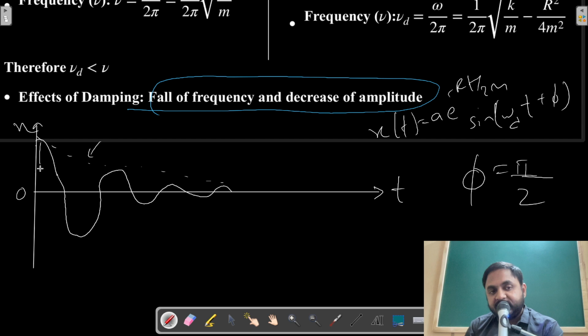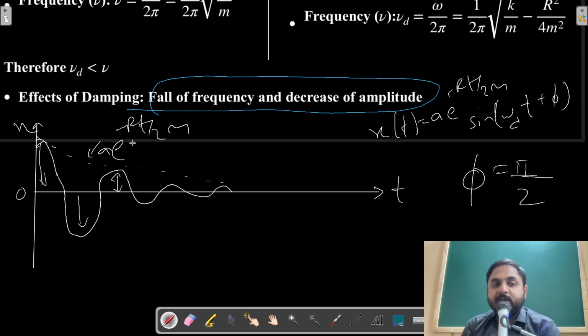See, the amplitude first is this much, but the second amplitude has reduced and the third amplitude has reduced even further. So the fall of amplitude is given by a into e raised to minus rt by 2m, and this sine function is represented by sine of omega d into t.